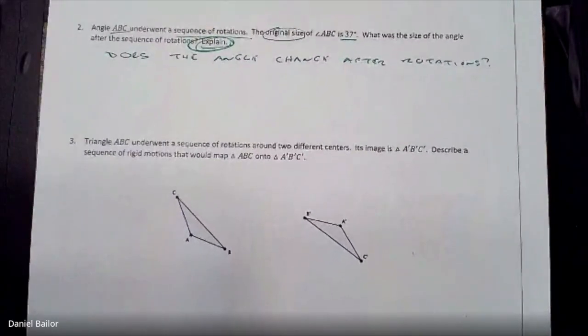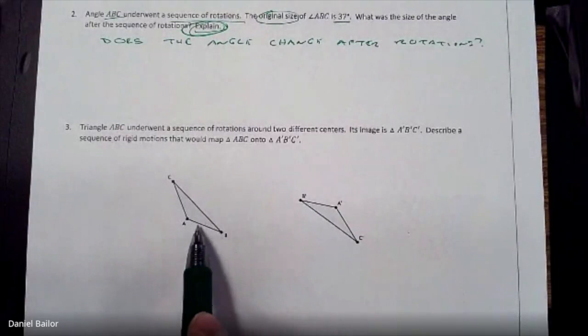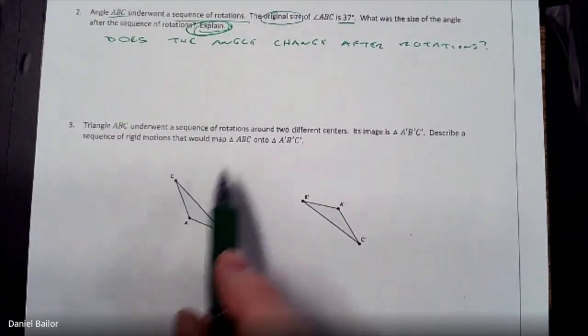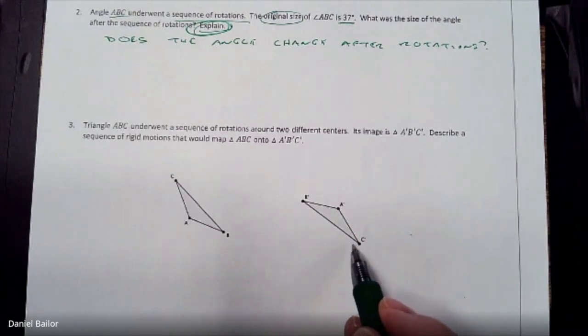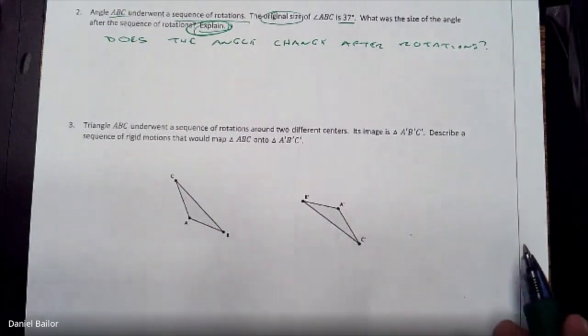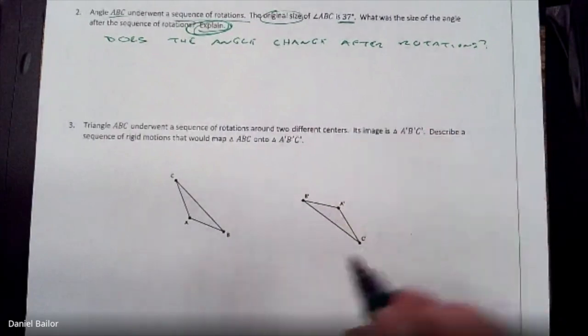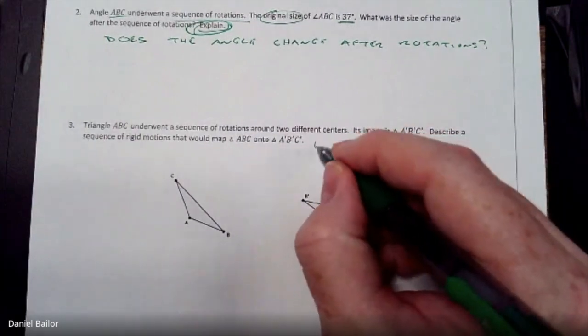And then number 3, triangle ABC went through rotations around two different centers to make A prime B prime C prime. I want you to tell me how to move it back.